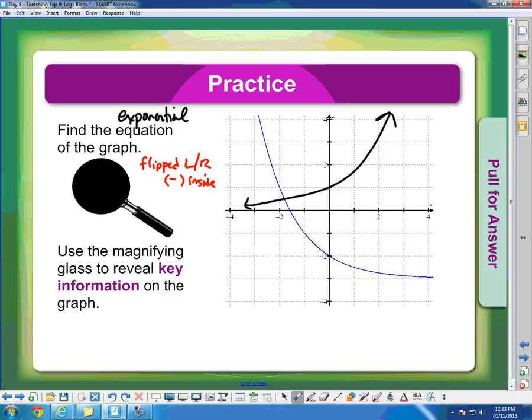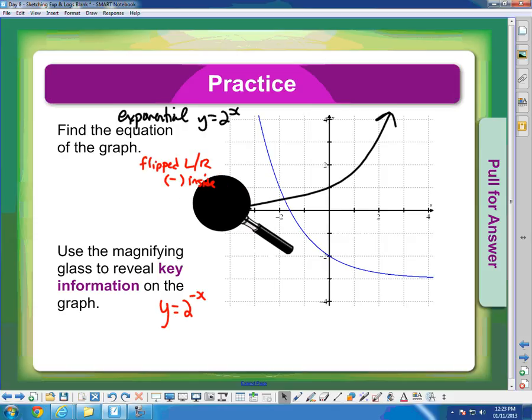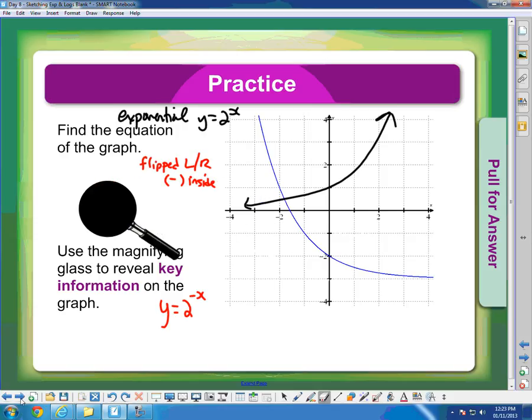So that part I can write right away. Remember, my base one is y equals 2 to the x. So if I'm going to put a negative, it'll be y equals 2 to the negative x. But more stuff might happen. So let's go off and check this. I'll just get rid of this black line.